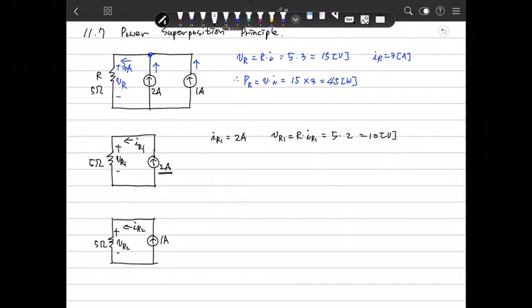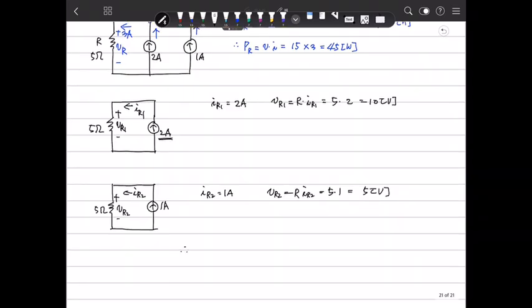And how about this? IR2 is 1 ampere. So VR2 is R times IR2, so 5 and 1 is 5 volt. Therefore, the IR is the superposition of IR1 plus IR2. Therefore, 3 amperes. And how about VR?